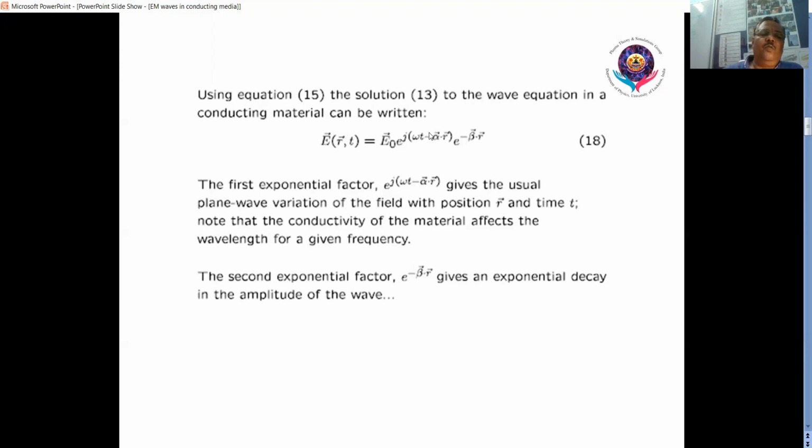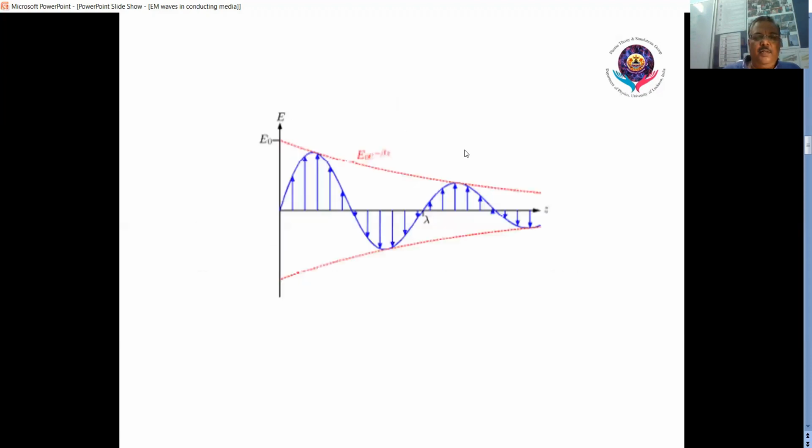One is oscillating, you can see the j here, and this other term is independent of j. So the term which is dependent on j results in the propagation of the wave like in other matter, but the second term is responsible for the decay of the wave. And since this is an exponential term, the wave will decay exponentially.